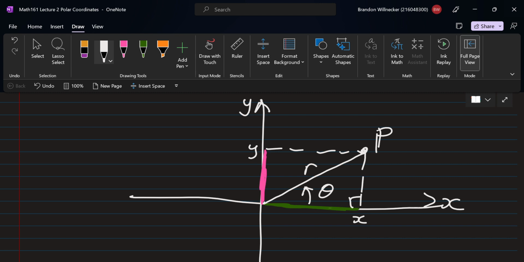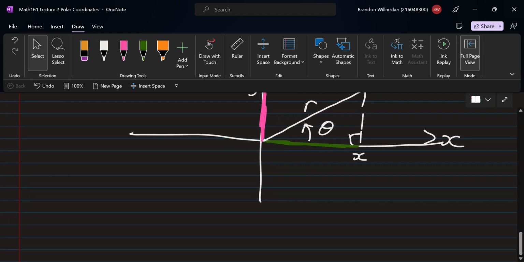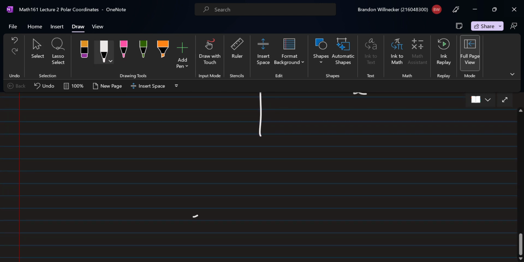From this diagram, where we've overlapped the two ways of thinking, we can see there's a way to go from one to the other, because the radius and angle from the polar form and the x and y from the Cartesian form, put together, give us a right angle triangle. And with a right angle triangle, we can use trig to find the lengths of the sides. So let's just redraw that triangle.